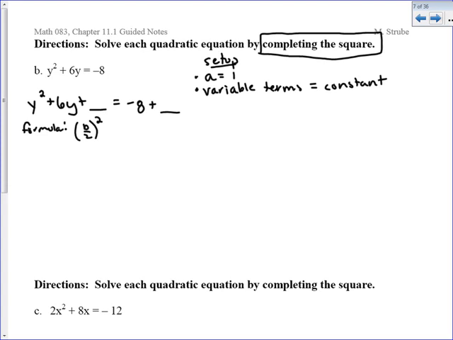So what's b in this problem? 6, the number in front of the y, so 6 over 2 squared. It's going to be 3 squared, 9. That's the number that fills in the blank. Whatever you get from that little formula fills in the blank.